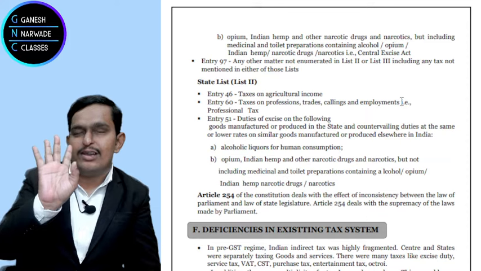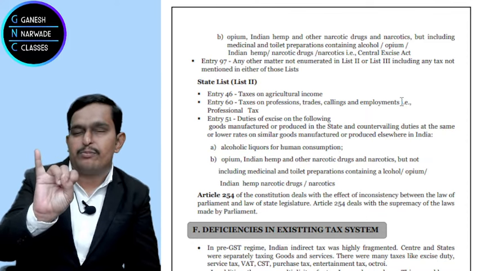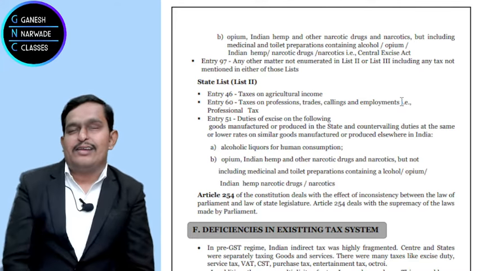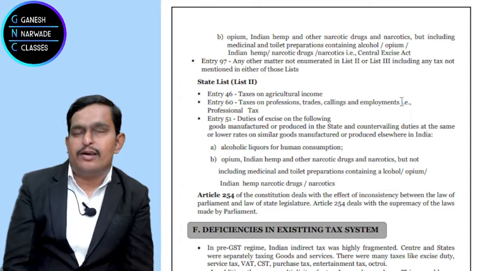First one, alcoholic liquor for human consumption, opium, Indian hemp, narcotic drugs, narcotics. But if suppose any of these 5 products are used for medicinal and toilet preparation, that means for good, not for bad.